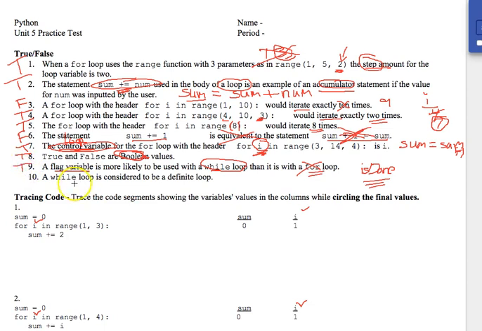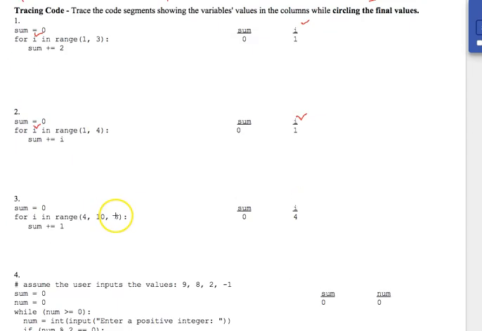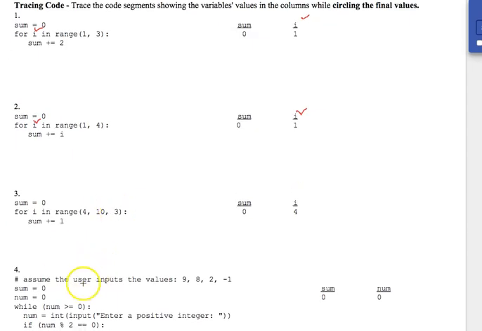And number 10, a while loop, according to the lecture notes and anybody else that understands computer science, is not considered a definite loop. It's definitely false. A while loop usually hinges on a user inputting a bunch of numbers, and we don't know when the user will type in the magic number like -1 as a sentinel value to quit from the program.